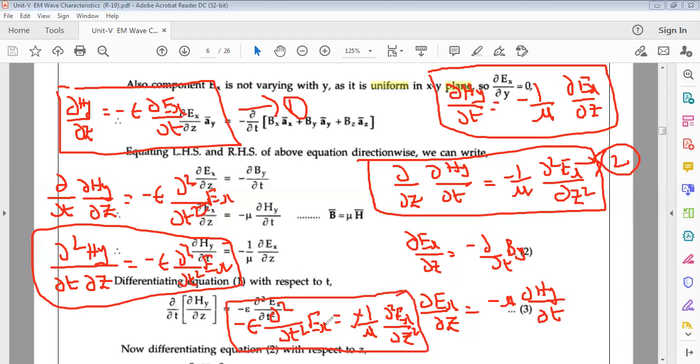Both sides have a minus, so it becomes a plus. Rewriting, ∂²Ex/∂t² is equal to 1 by mu epsilon into ∂²Ex/∂z², bringing the epsilon to the right hand side.